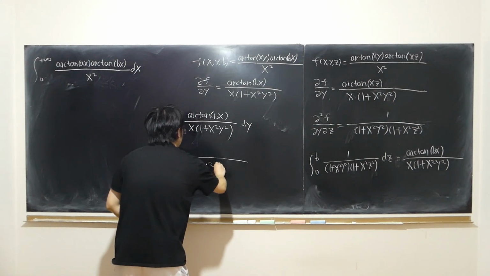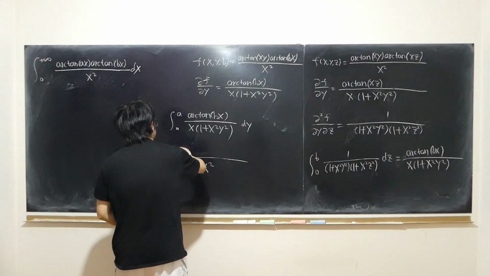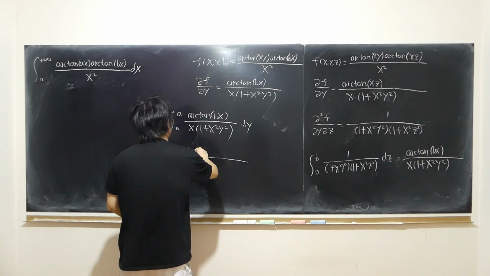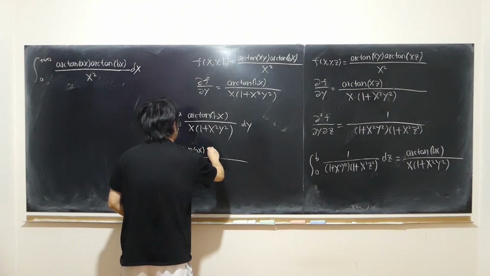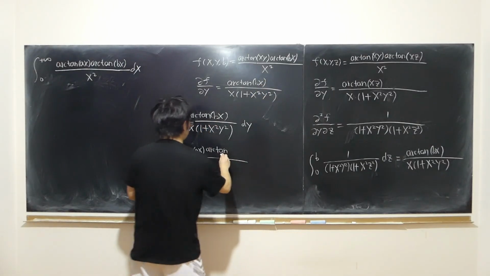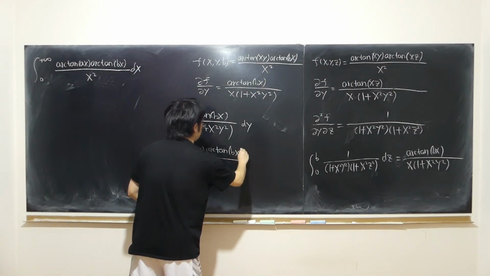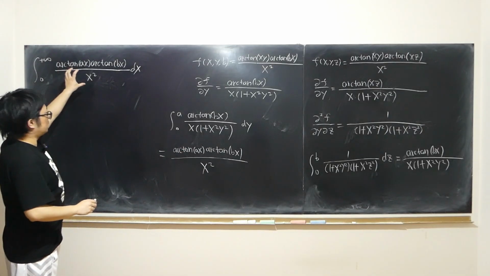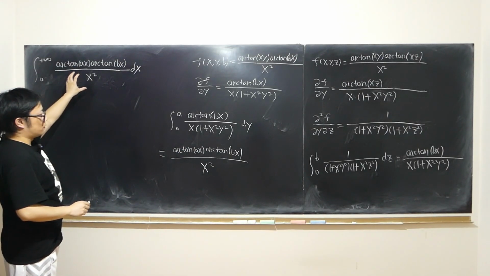Simply arctangent a times x times arctangent b times x. So this looks like my integrand right here.